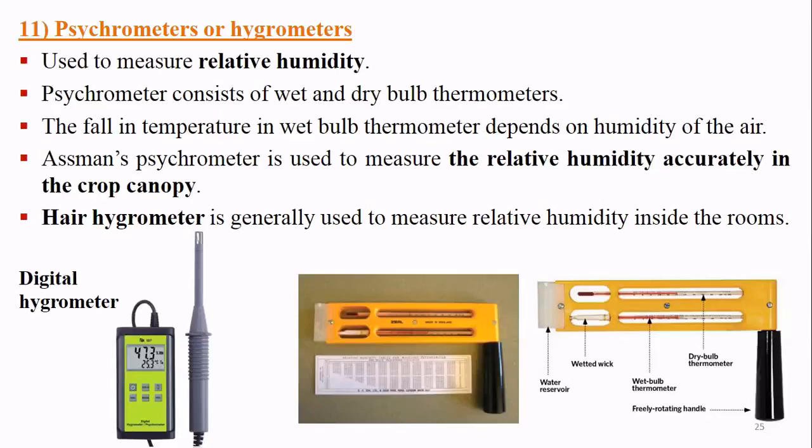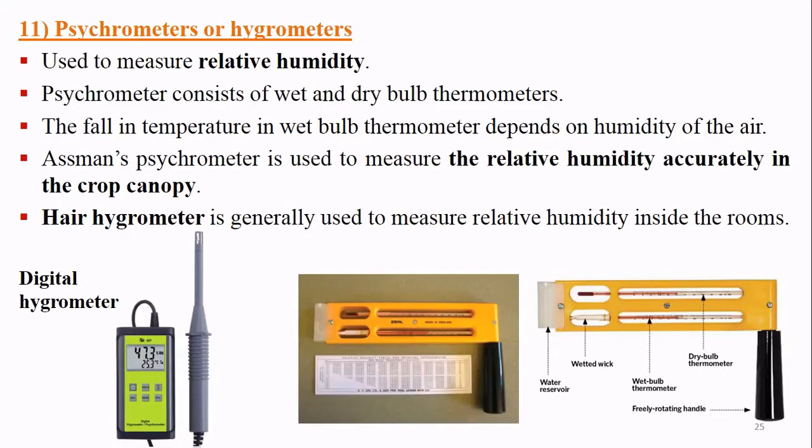From that difference, they can get the RH. That's a common thing, no need to worry much. From the chart, you can get the relative humidity in a simple method.